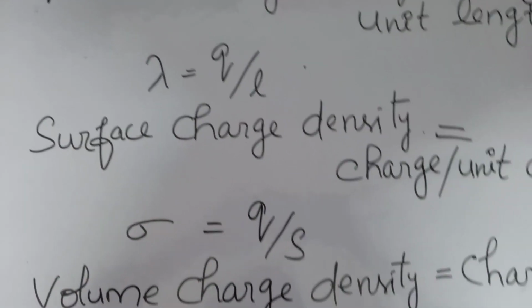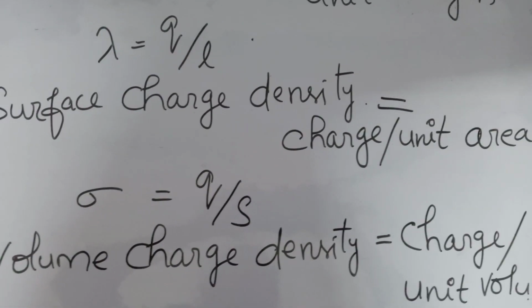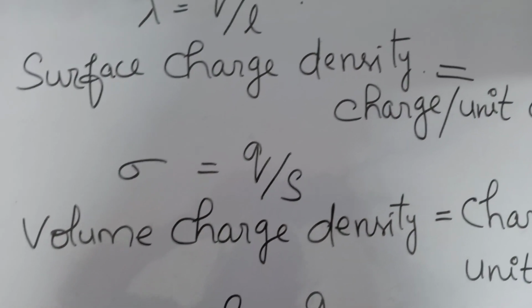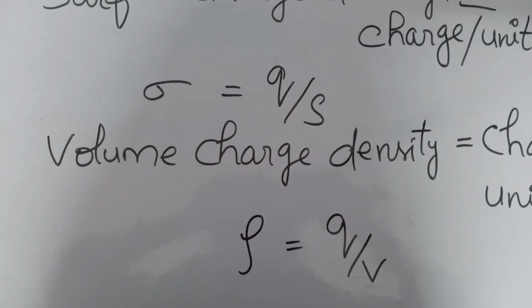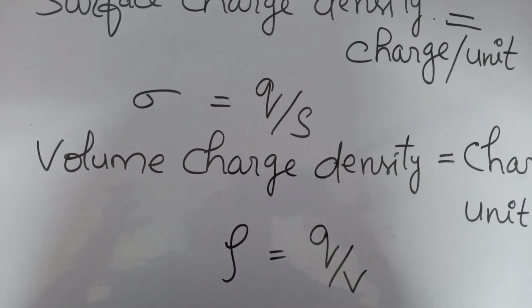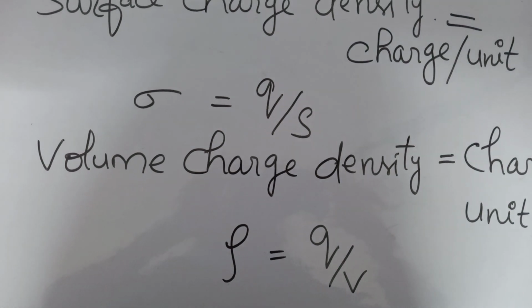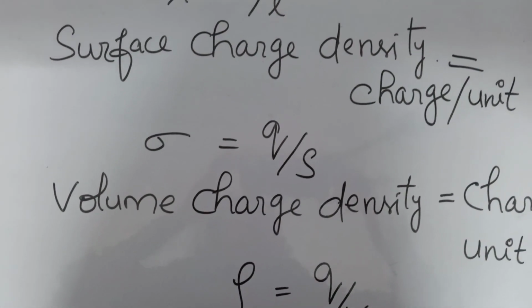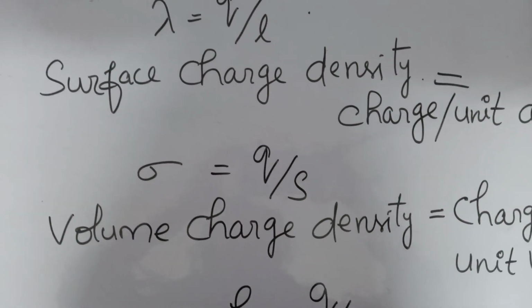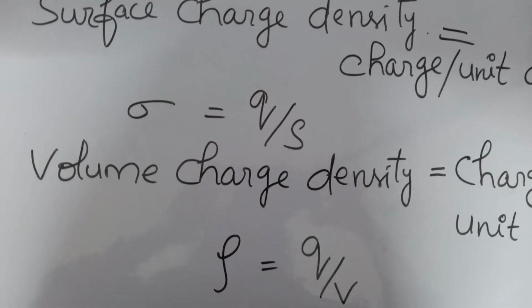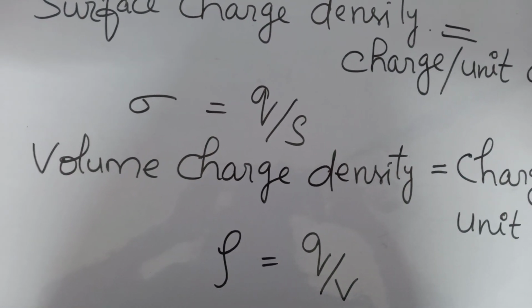And then volume charge density, that is charge per unit volume, or rho is equal to Q by V. So these are the three charge distributions: linear charge density, lambda is equal to Q by L, then surface charge density, sigma is equal to Q by S, and volume charge density, rho is equal to Q by V.